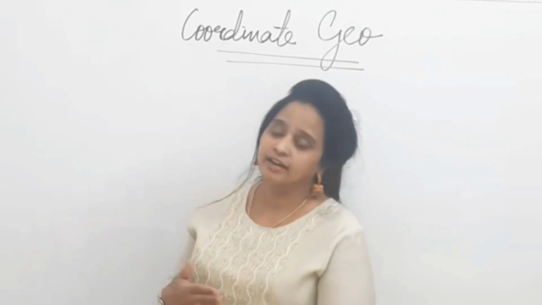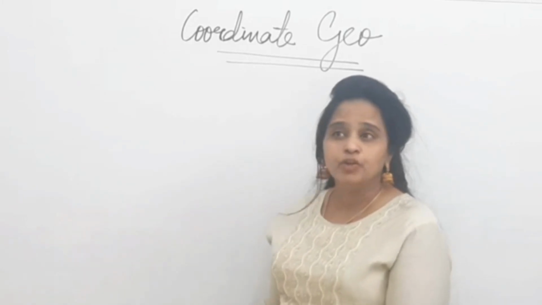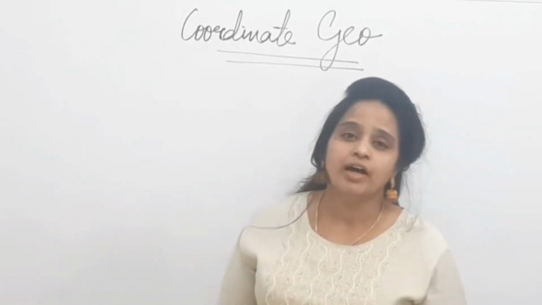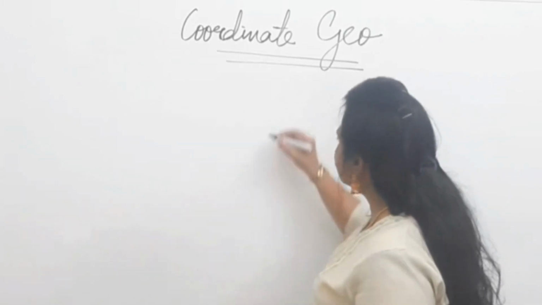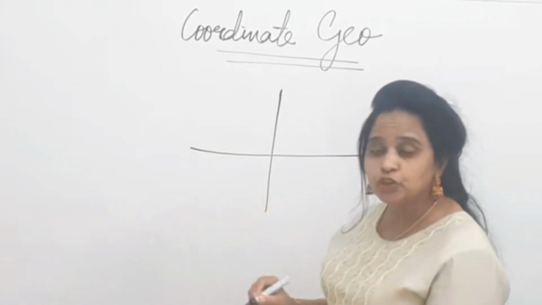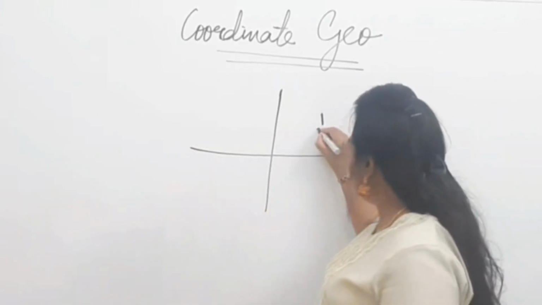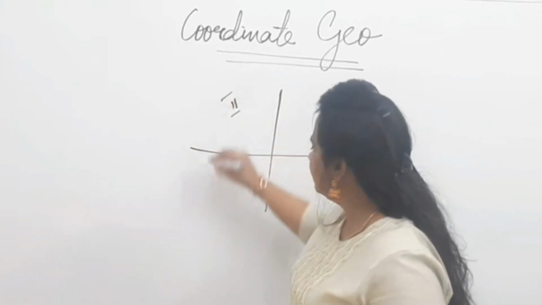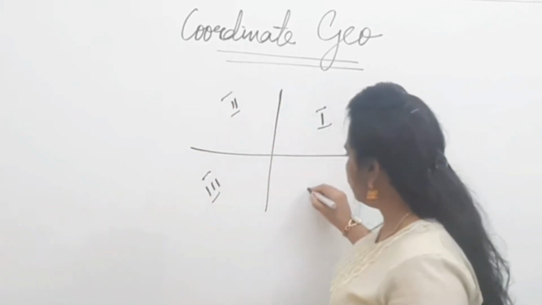Children, before going to the class, I want everyone to recollect what we have studied in our earlier classes about coordinate geometry. You must think about the Cartesian plane. The Cartesian plane is divided into 4 quadrants: first, second, third and the 4th quadrant.